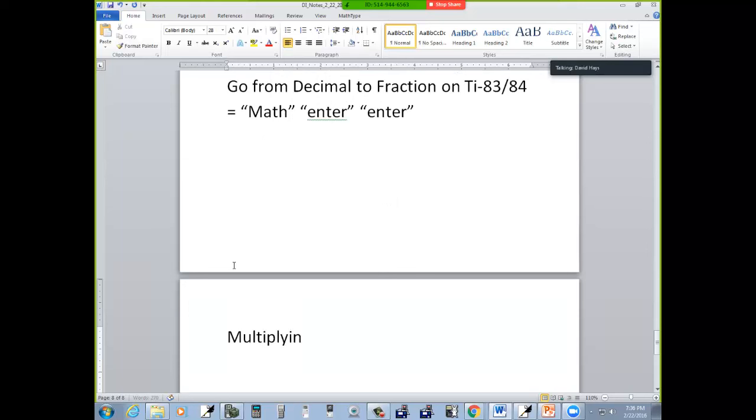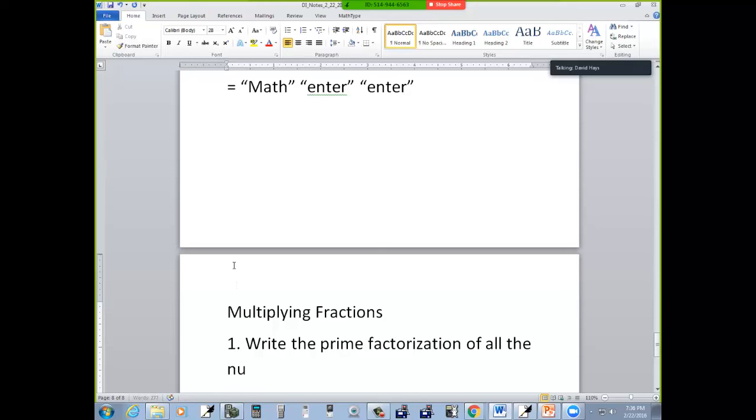So multiplying fractions, your first step is to write the prime factorization of all the numbers.